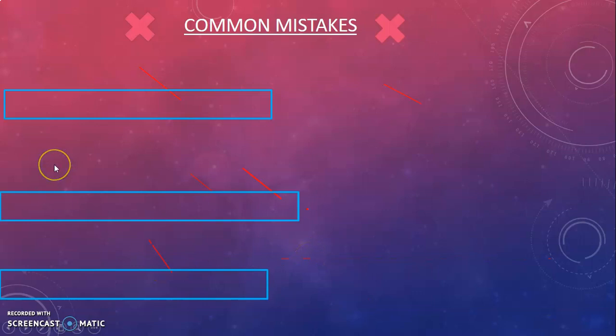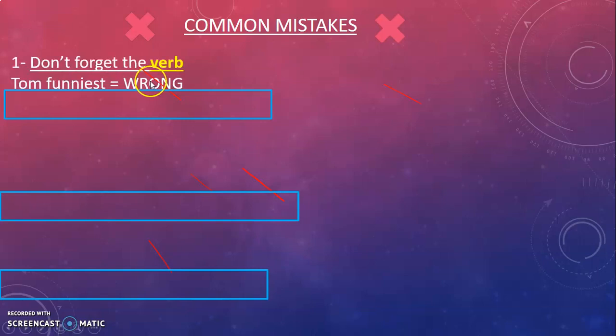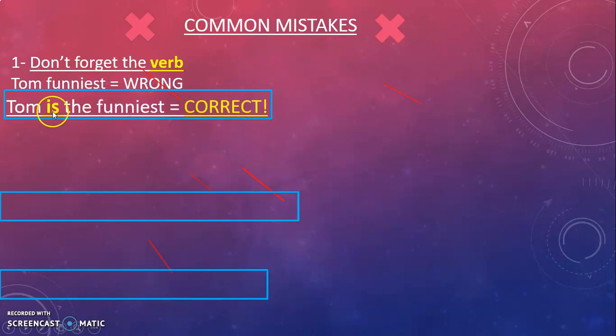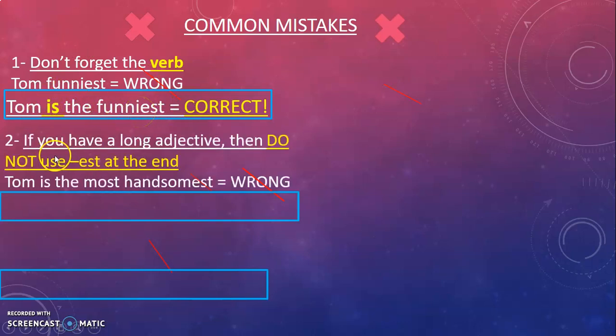Now let's look at the common mistakes that you students make when using the superlative adjective. Don't forget the verb, guys. Tom funniest is wrong. You must say Tom is the funniest. If you have a long adjective, then do not use est at the end.